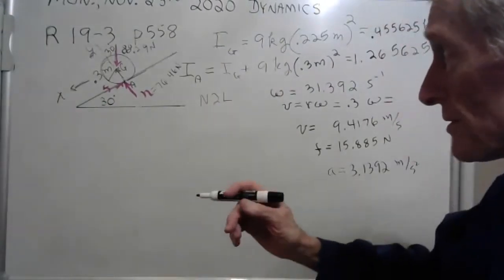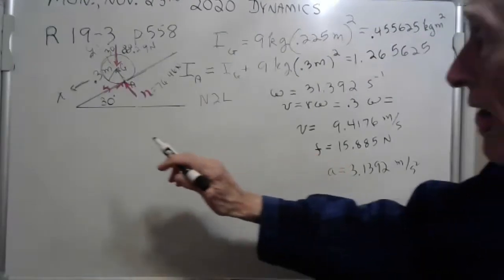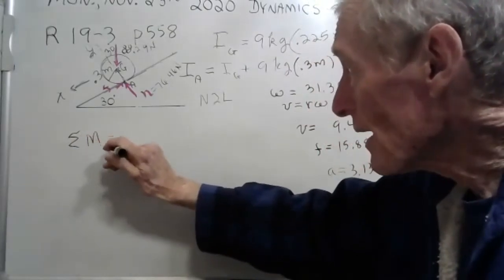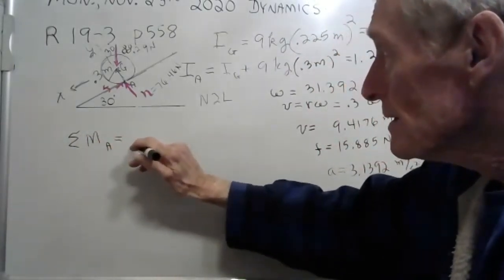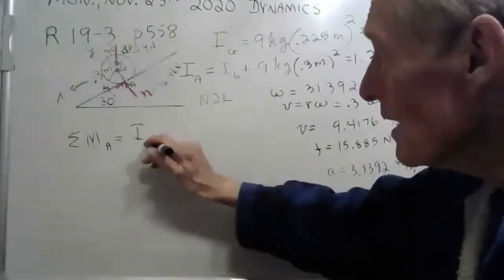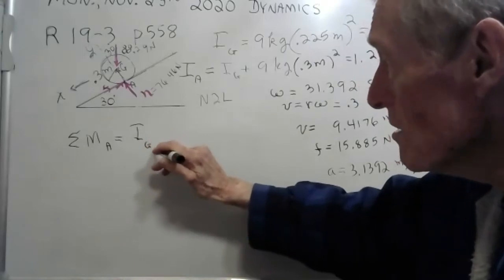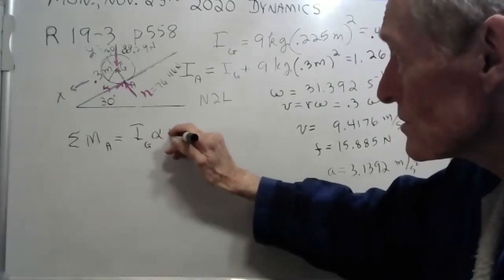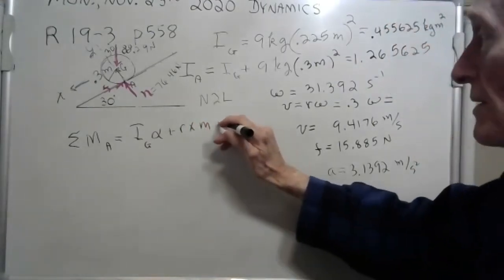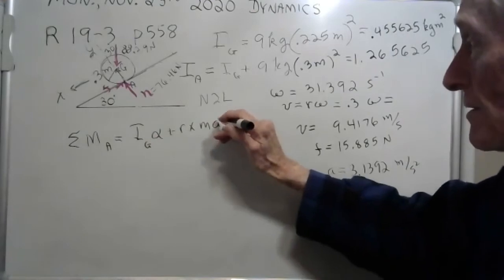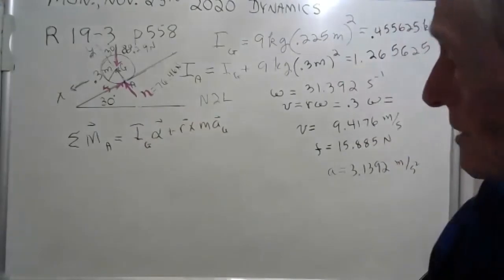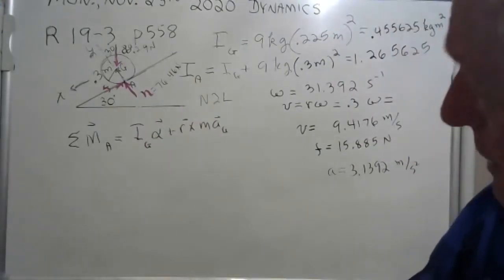There's one that goes like this: the sum of the moments about A is equal to IG alpha plus R cross MAG. Is that my imagination, or did we learn an equation like that?